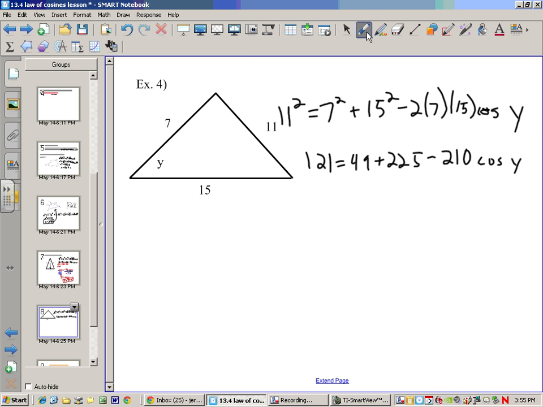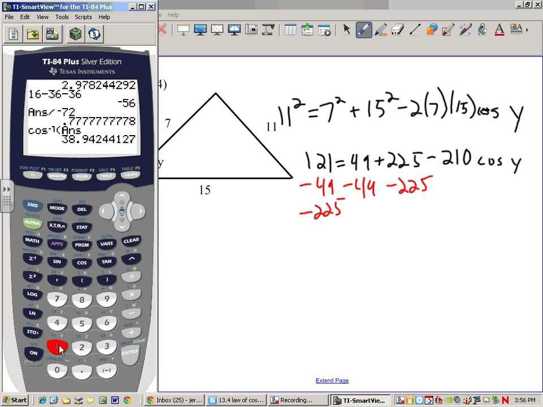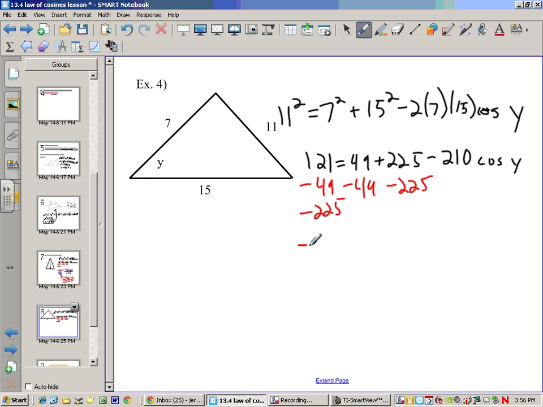So now we'll take and subtract 49 and 225. So we have 121 minus 49 minus 225. Negative 153 is equal to negative 210 cosine of y.